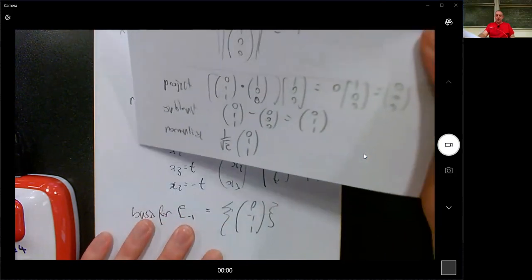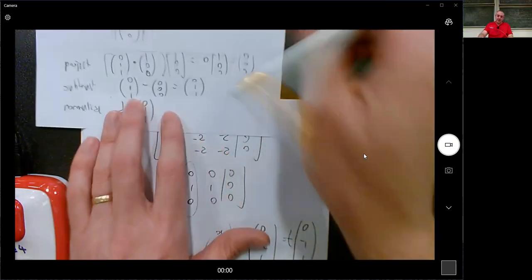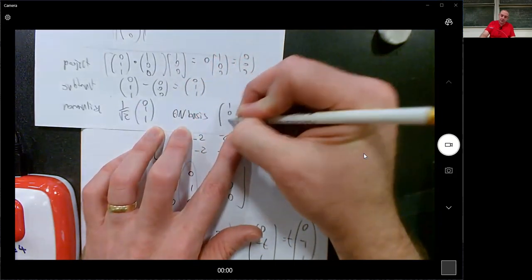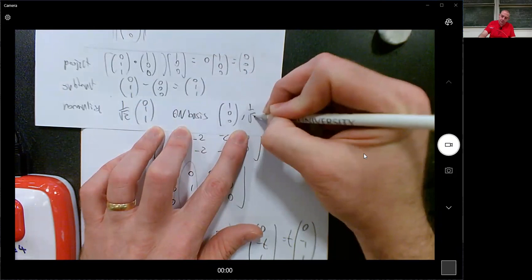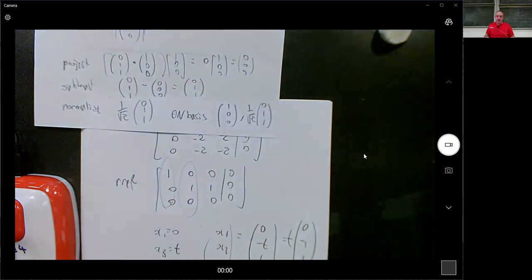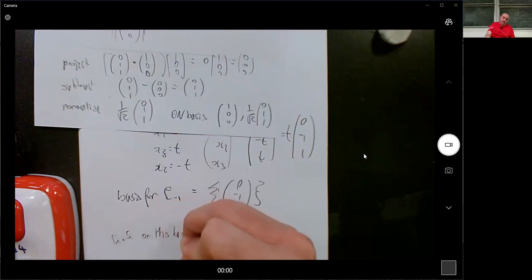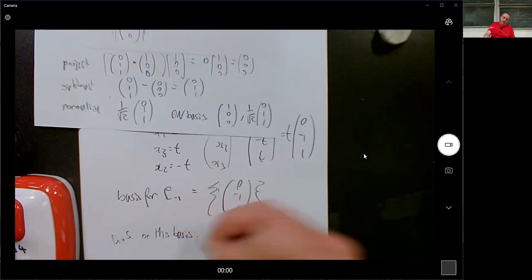And so my orthonormal basis is (1, 0, 0) and 1 on root 2 times (0, 1, 1). And this eigenspace only has one vector, so the Gram-Schmidt process is just normalizing it.